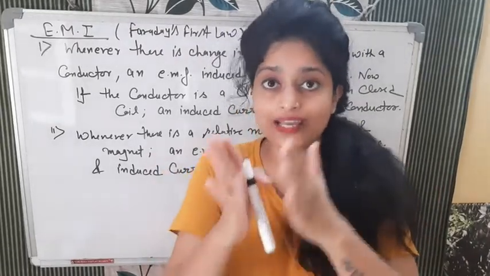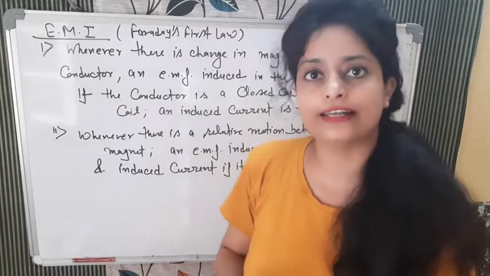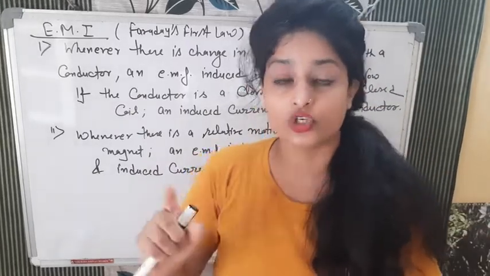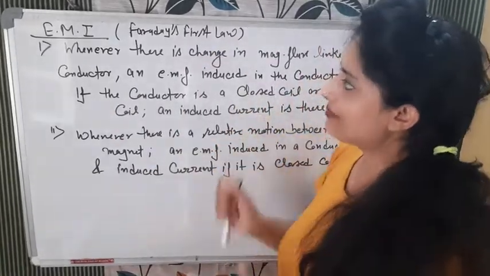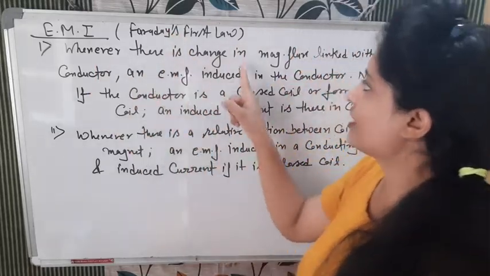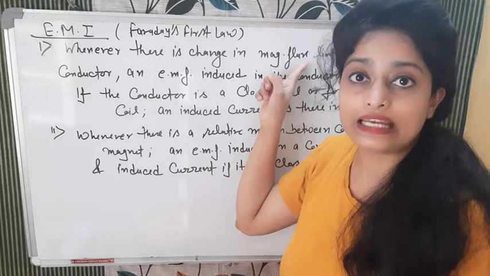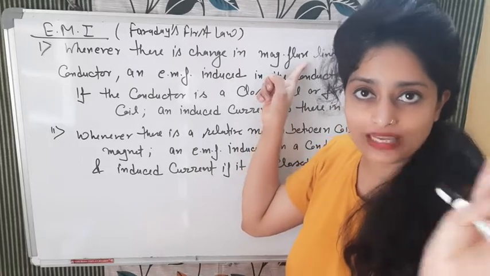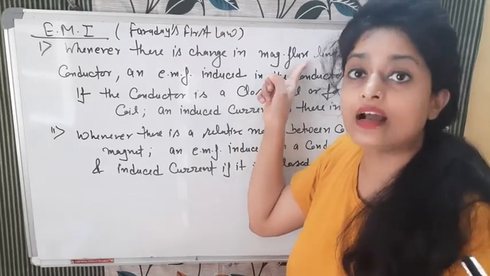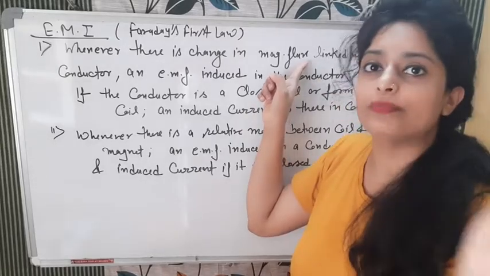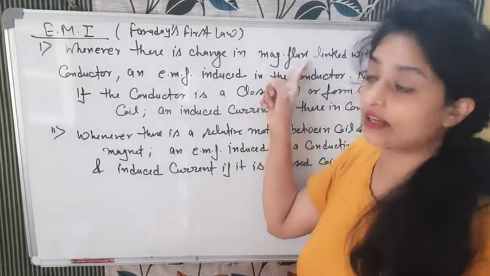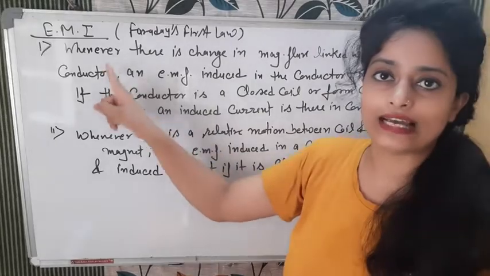The circuit should be complete, so the coil or conductor you take in the experiment should be closed. Now I am saying, whenever there is a change in magnetic flux, phi B, it depends on B, the magnetic field, on A, the area, and on the angle between B and A. It depends on three factors. So what is the first definition that he gave?